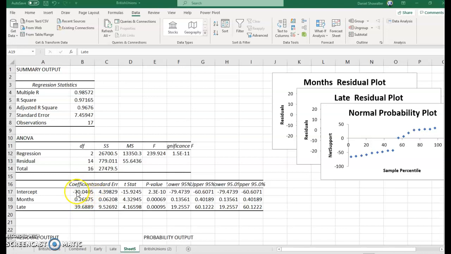There's our constant, or our intercept, plus 0.26875 times the number of months past August 1975, plus 39.6889 times late.